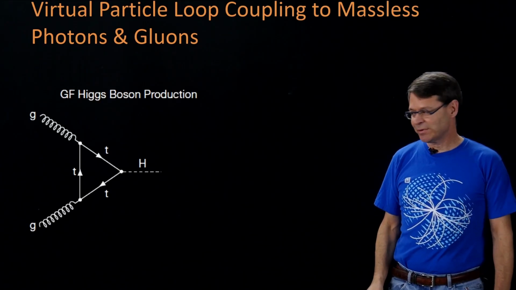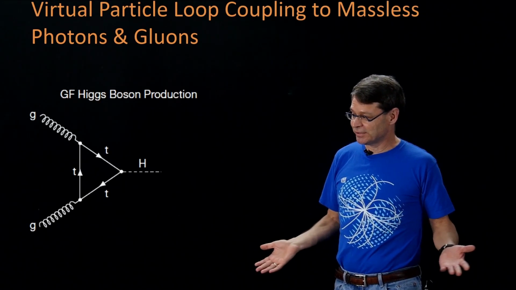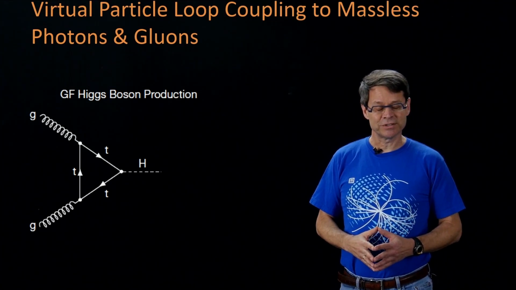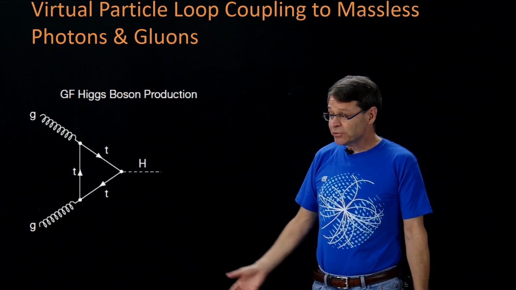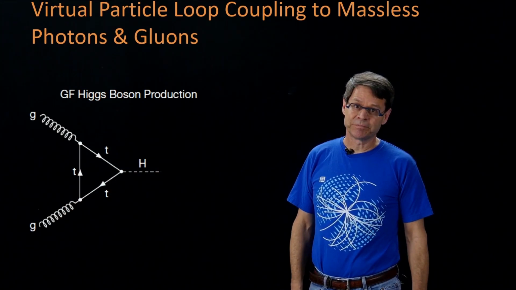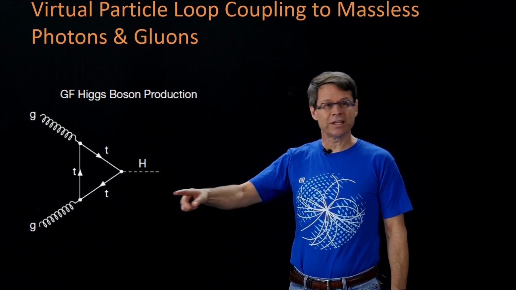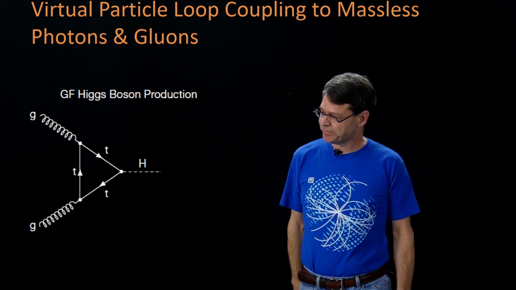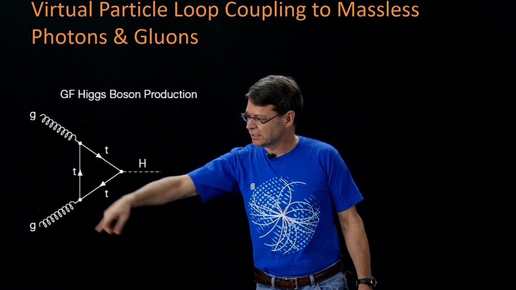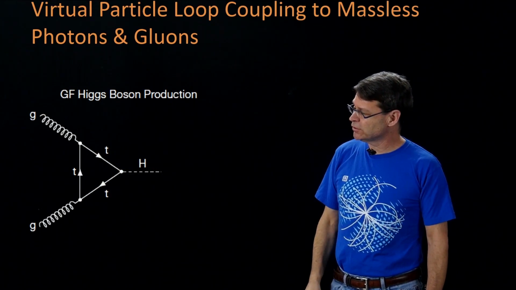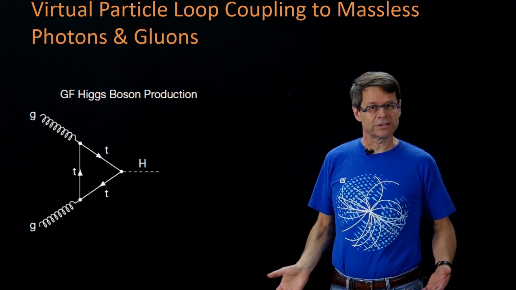So, for example, how do we produce a Higgs, say in proton-proton collisions at the Large Hadron Collider? Well, I can have 2 gluons, one from each proton. Those are massless too, like the photon. So how do I get a Higgs out here from 2 gluons? Well, I can put in a loop, this triangular loop, a heavy particle like the top quark.